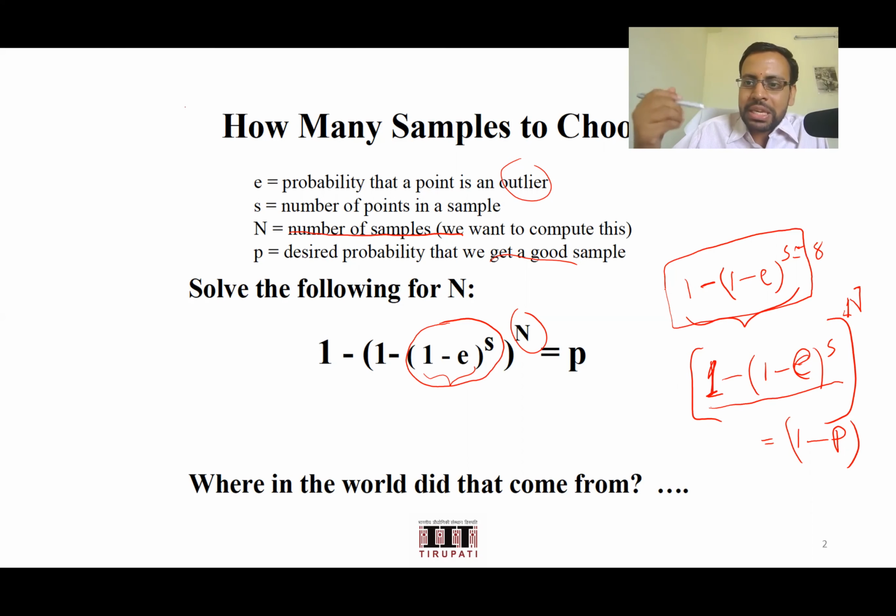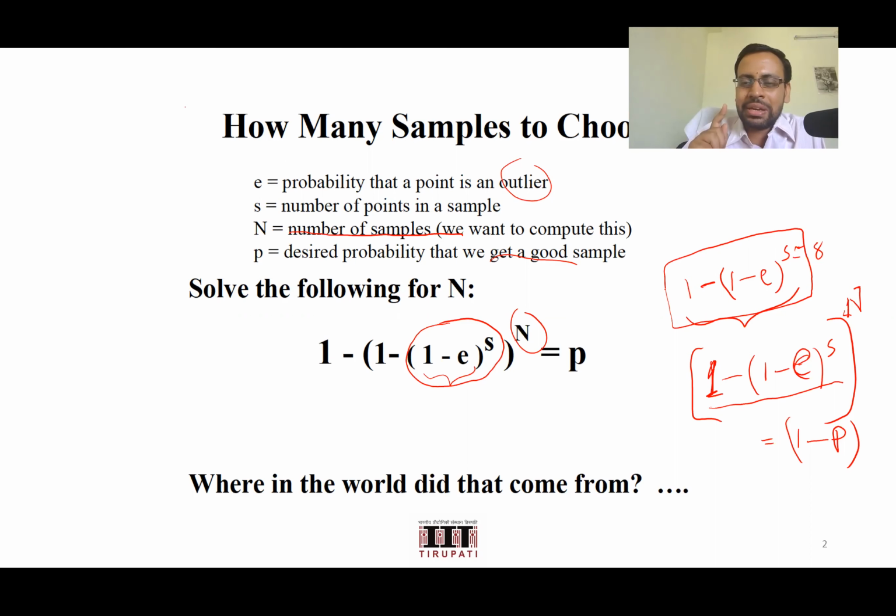You are repeating this experiment n number of times, right? And when are you going to fail? You are going to fail when, in each of those n experiments, you get at least one outlier.